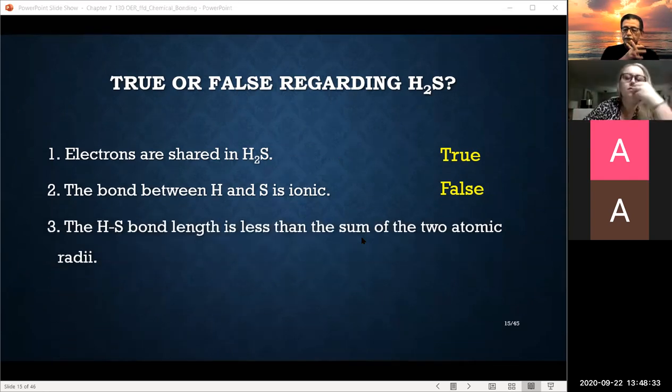The bond length: there's a bond, that hyphen between the H and the S represents an electron bond, one pair. One hyphen represents one pair. The bond length is less than the sum of the two atomic radii. That would be a true statement because again, there's overlap.